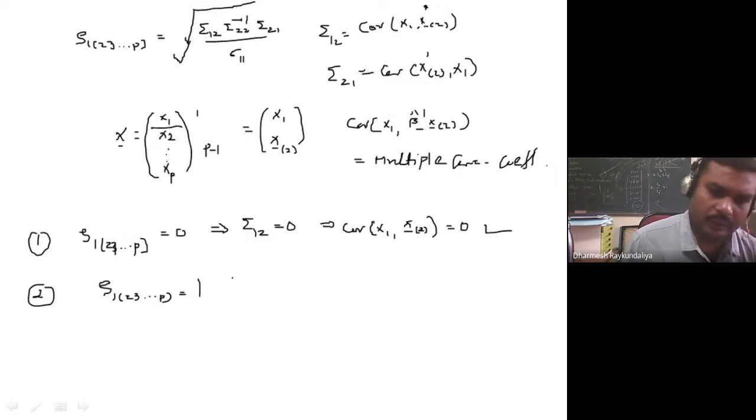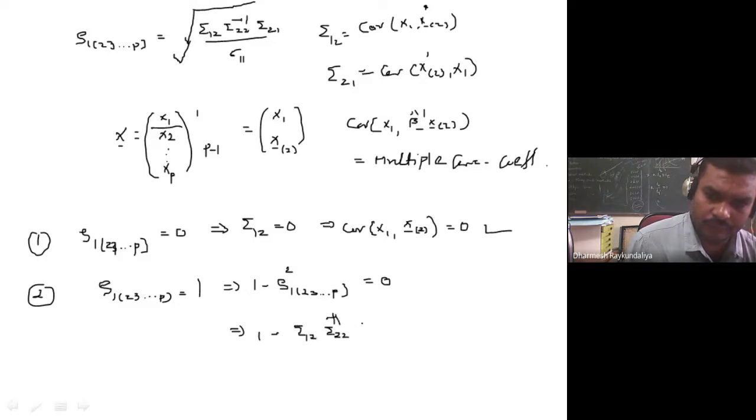If it takes the value 1, then 1 minus rho square 1 2 3 up to p is 0, which implies 1 minus sigma 1 2 sigma 2 2 inverse sigma 2 1 upon sigma 1 1 is 0.